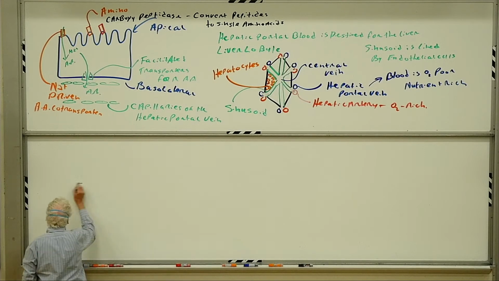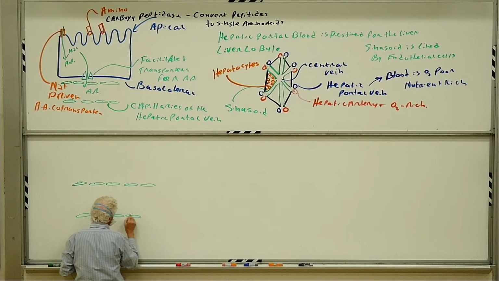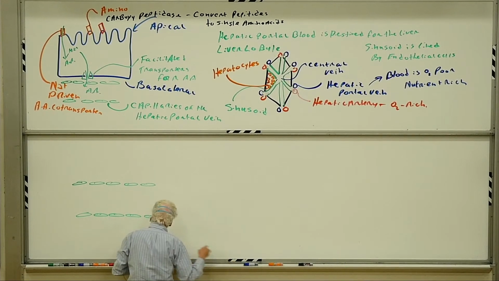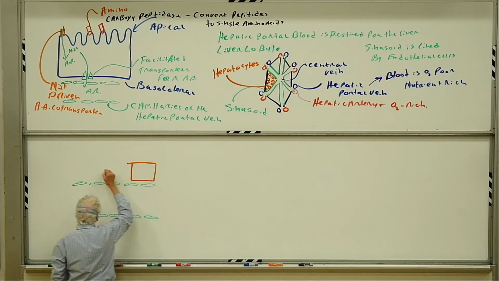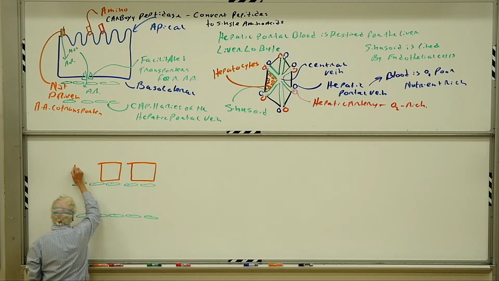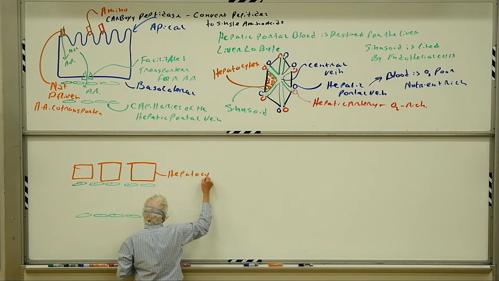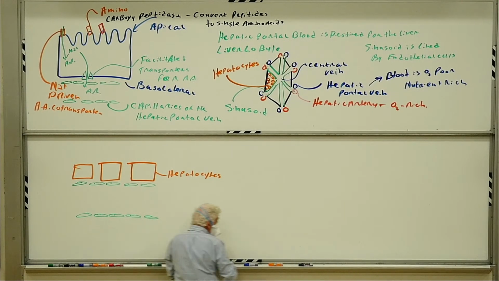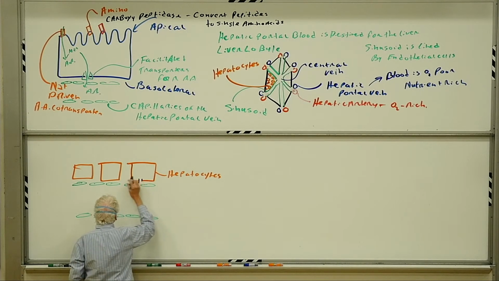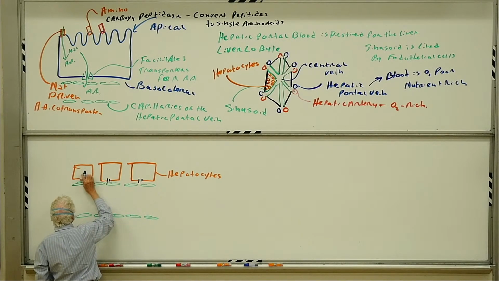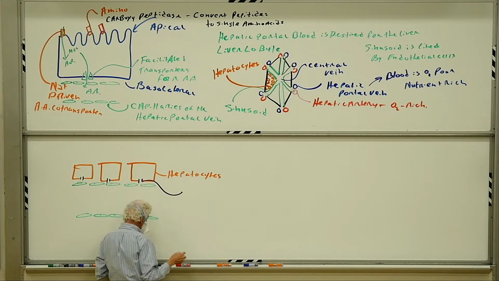So if this is the sinusoid capillary, then right next door will be the hepatocytes. So these are meant to be hepatocytes. One of the major transmembrane proteins in these hepatocytes is one we've seen before. We saw it as a facilitated transporter in the kidney.